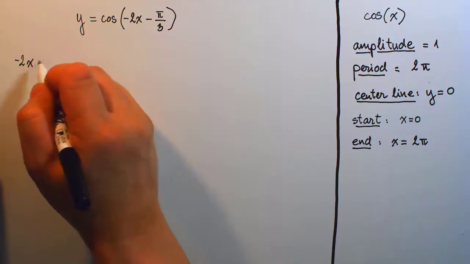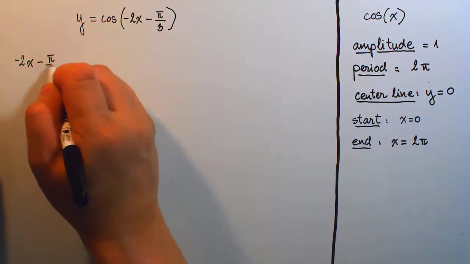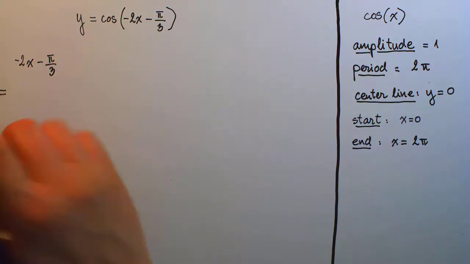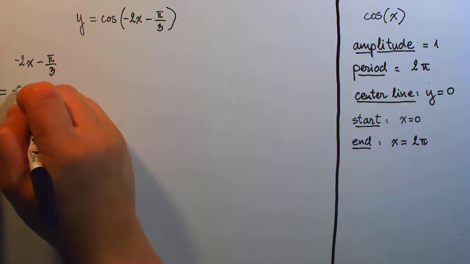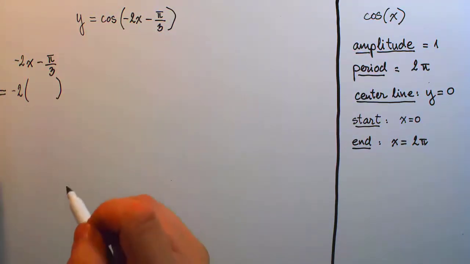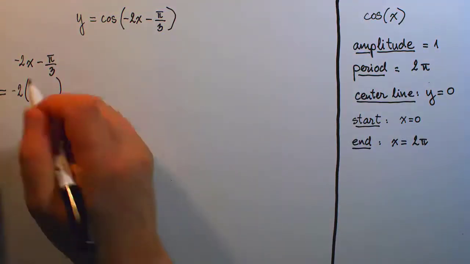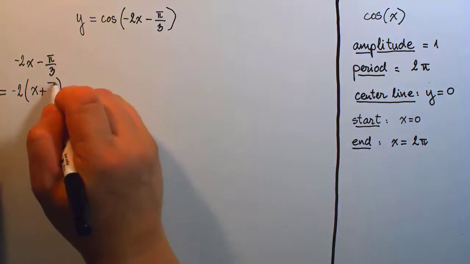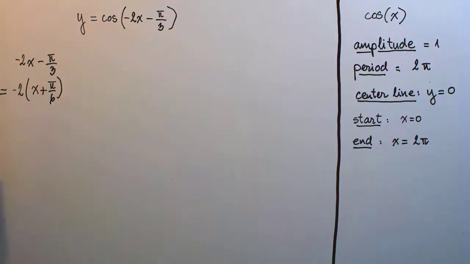Starting with -2x minus pi over 3, I am going to factor out the -2. That's what we've learned that we need to do. So -2 in parentheses, now I have x plus pi over 6.